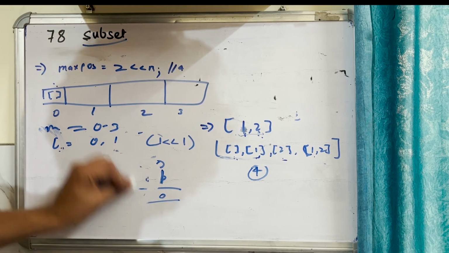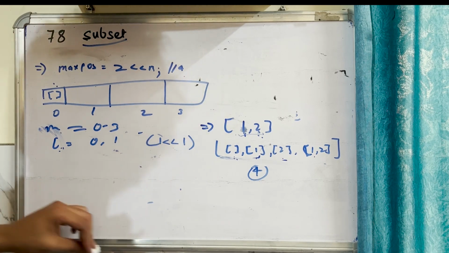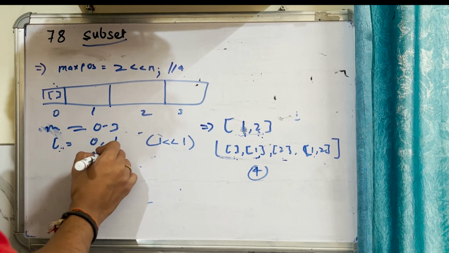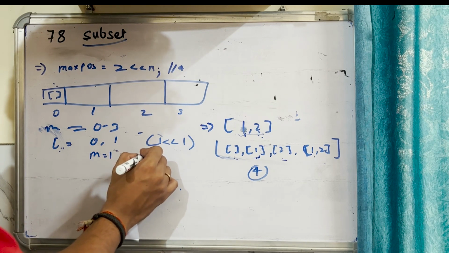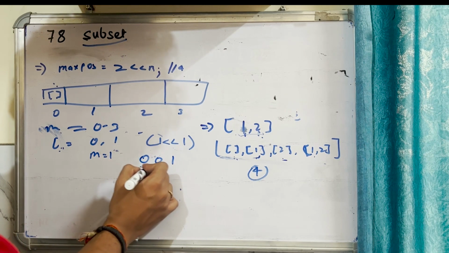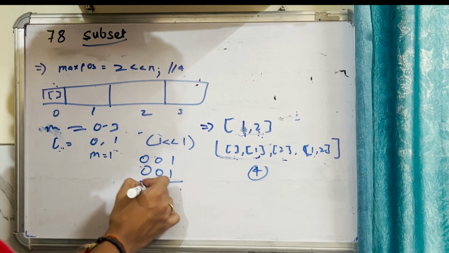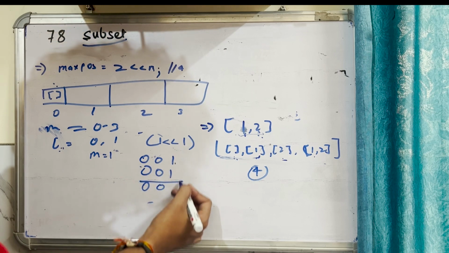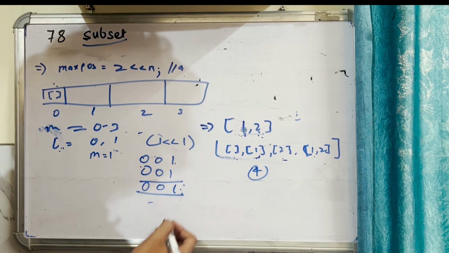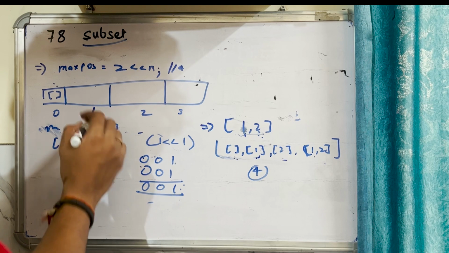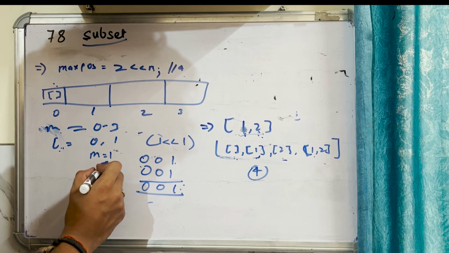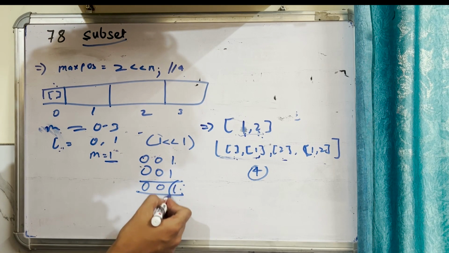Then if m equals 1, so it will be 0 0 1. i equals 0, then it will be 0 0 1. AND of these two will be 1. So what we will do, we will insert the value at position m, and what we will insert, we will insert this element.